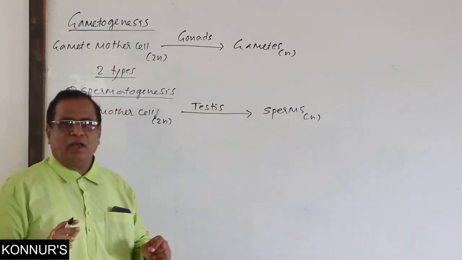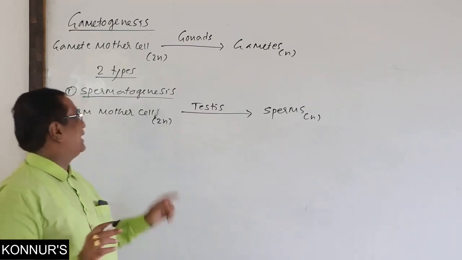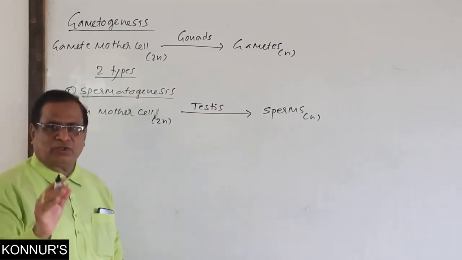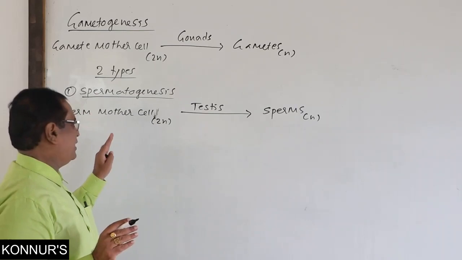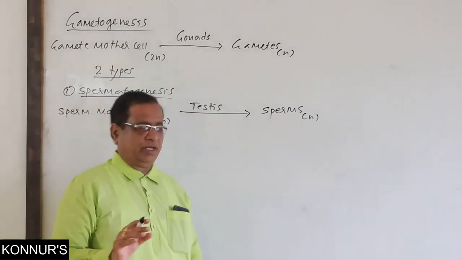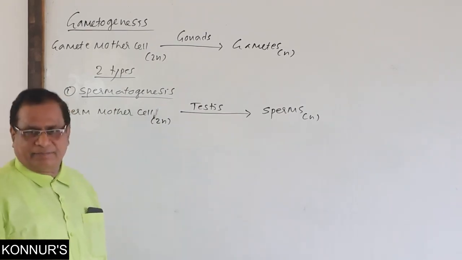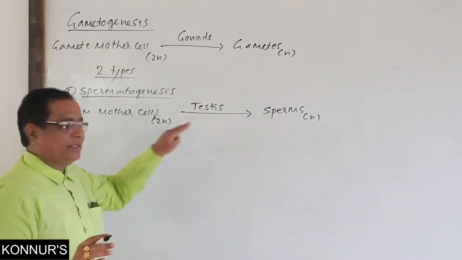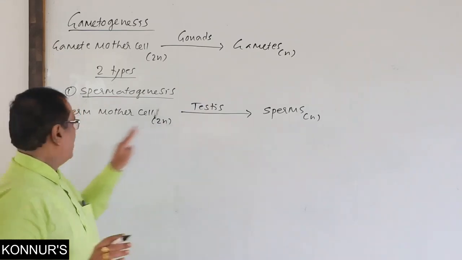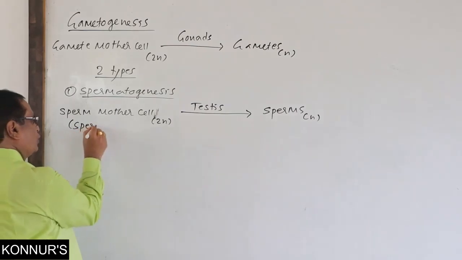Testes are male gonads. Spermatogenesis is a type of gametogenesis where haploid sperms are produced from diploid sperm mother cells in testes. And sperm mother cells are spermatogonial cells.